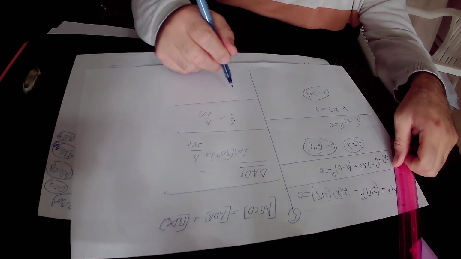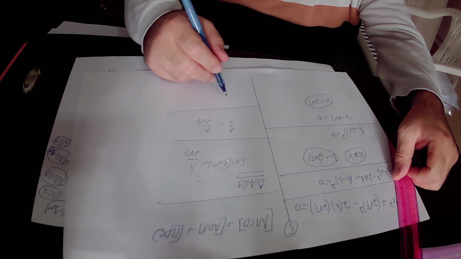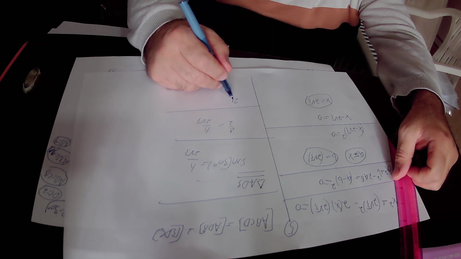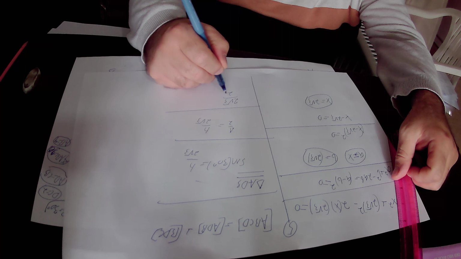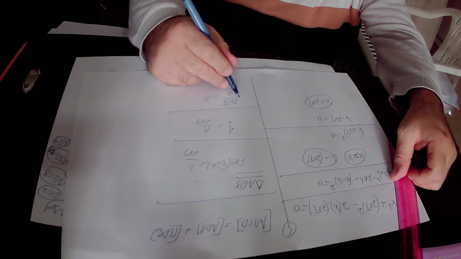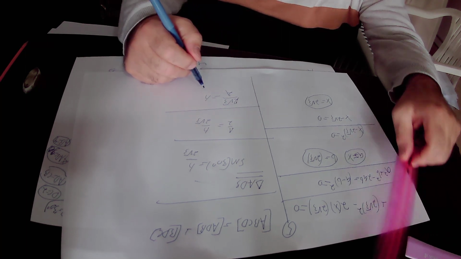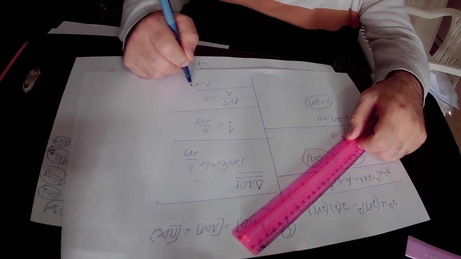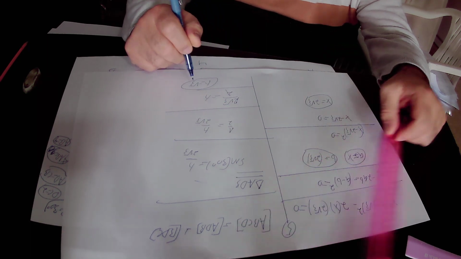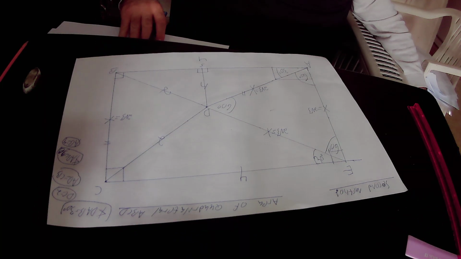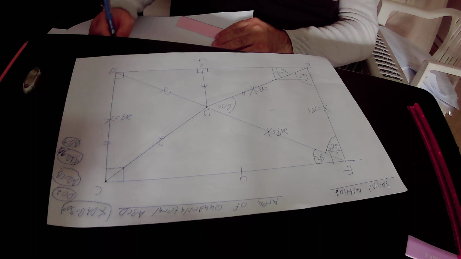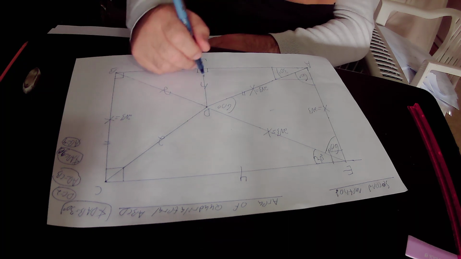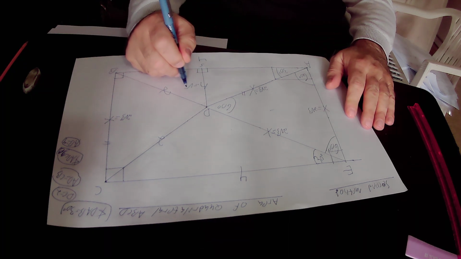We will multiply this equation by 2 times square root of 3, and we will get that 2 times square root of 3 over 2 equals h. 2 over 2 is 1. So we got that the value of h is square root of 3 units.